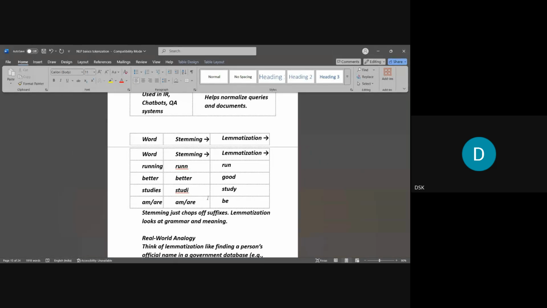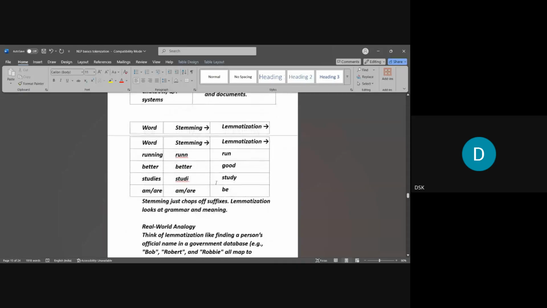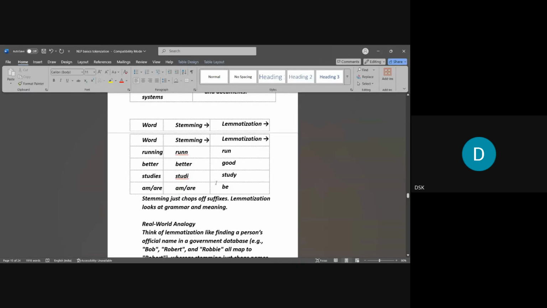For better, the word remains better in stemming, but in lemmatization, as it reduces, it becomes good. For studies, in stemming it becomes studi, but in lemmatization it becomes study. So basically, it is reducing the word in a way that it assigns a meaning. And for Mr, in stemming it remains Mr only, but in lemmatization it becomes B.